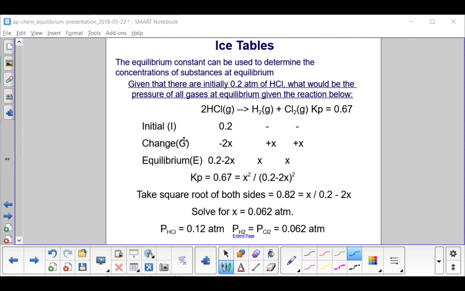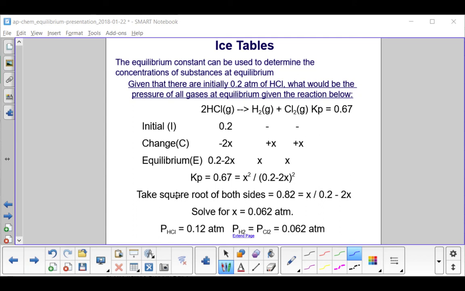Now my change, so if my variable is x, I have minus 2x for the HCl. The 2 comes from the coefficient, and x is just because I don't know how much it changes by. But if it decreases, then each product is going to increase. They both have coefficients of 1, so we just have plus x and plus x. So what are the equilibrium pressures? We have 0.2 minus 2x, and we have x here and x here.